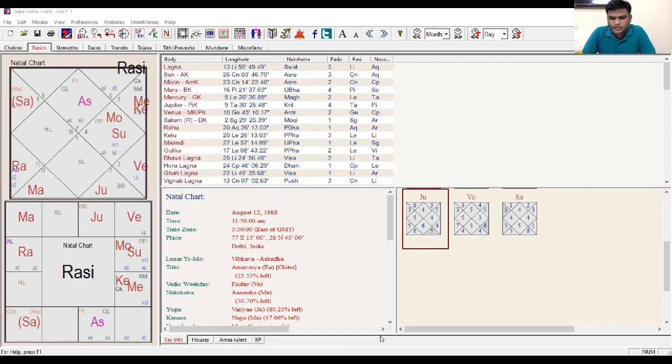So we will not consider Sagittarius sign, as it has fewer points. So we'll take only Aries and Leo. Clear? This is the birth chart.